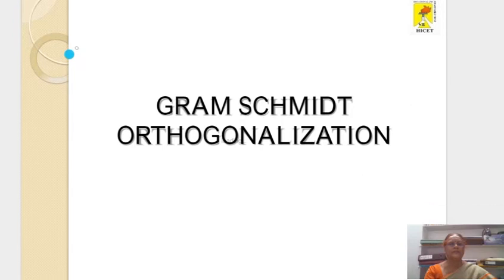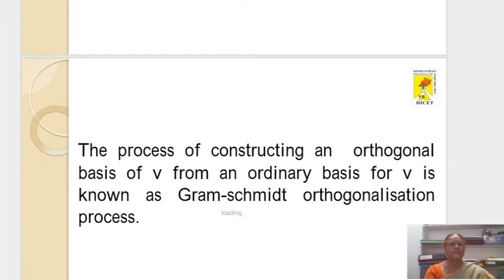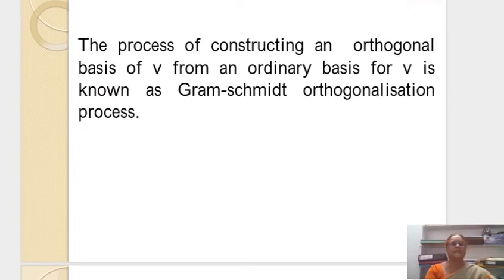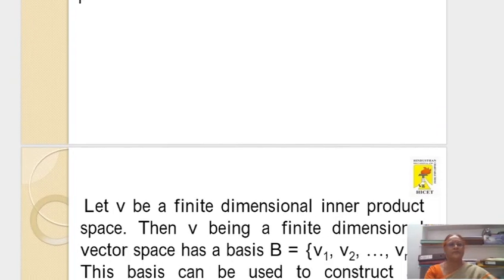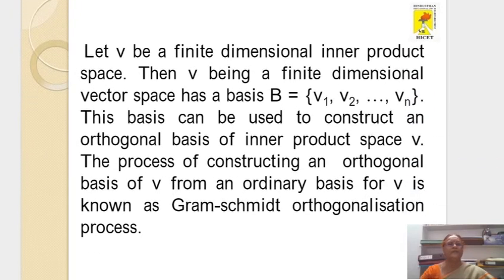This is the method which is used to construct an orthogonal basis. The process of constructing an orthogonal basis of V from an ordinary basis for V is known as Gram-Schmidt orthogonalization process. Now, let V be a finite dimensional inner product space.